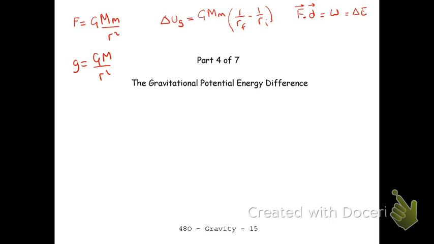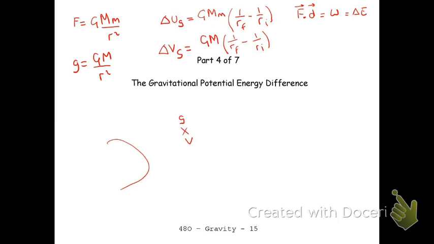And then I can do something where I say, well, that's kind of useful, but I need both masses in. I'd like to be able to just pick a point and say, what's the gravitational field at that point? But I'd also like to be able to say something about energy at that point. And so I have what's called the gravitational potential, where we talk about delta Vg, which would equal Gm times 1 over Rf minus 1 over Ri.